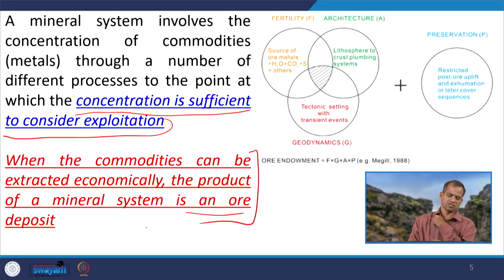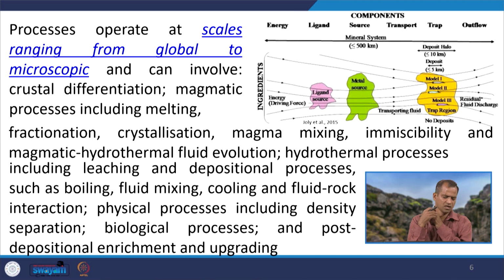It is sufficiently enriched and sufficiently concentrated that we can extract it economically. So, we say it is a deposit, either an ore deposit or a mineral deposit. And the processes operate at scales from global scale to microscopic scale.